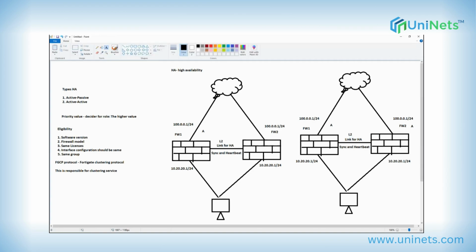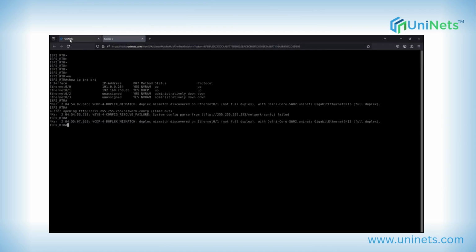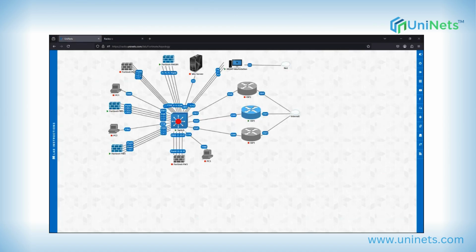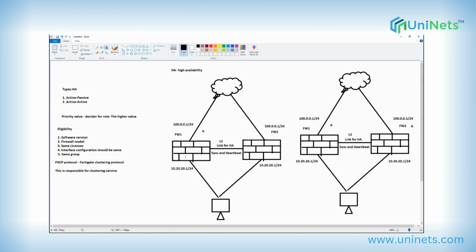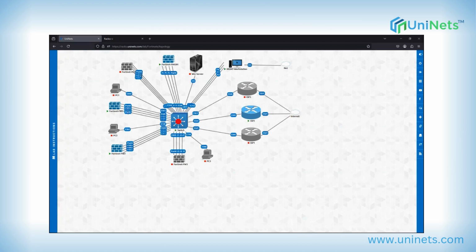I would use these two firewalls, FortiGate firewall 1 and FortiGate firewall 2, and assign the IPs according to this design. We are using port 2 and port 3.